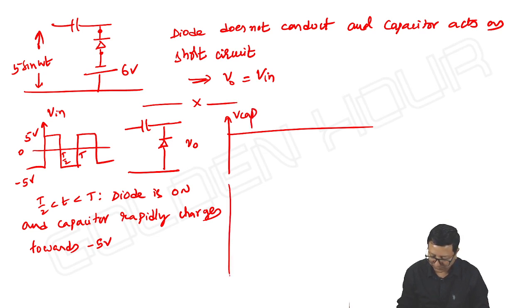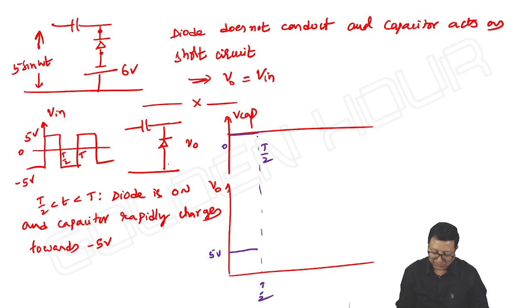So if you take V capacitor and V output, actually 0 to T/4, the diode doesn't conduct, capacitor voltage is 0. Okay, by that time output is equal to input, as the capacitor is acting as short circuit, it is 5 volt. This is what I can take from 0 to T/2, and T/2 to capital T, diode is on, diode acts as short circuit, almost it is 0, and V capacitor is rapidly charging up to -5 volt.